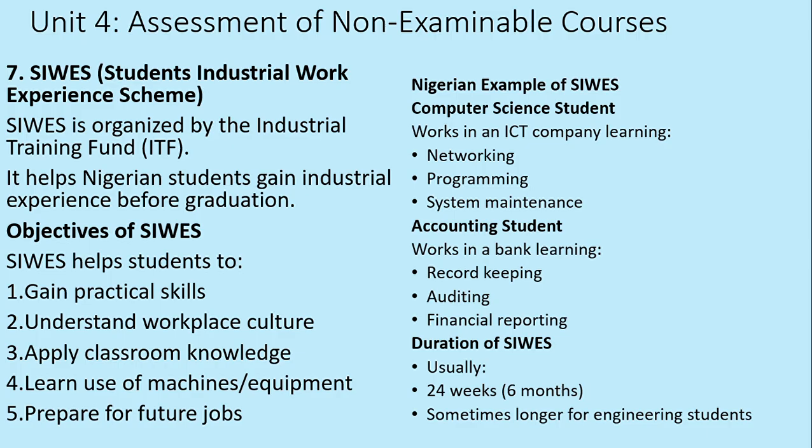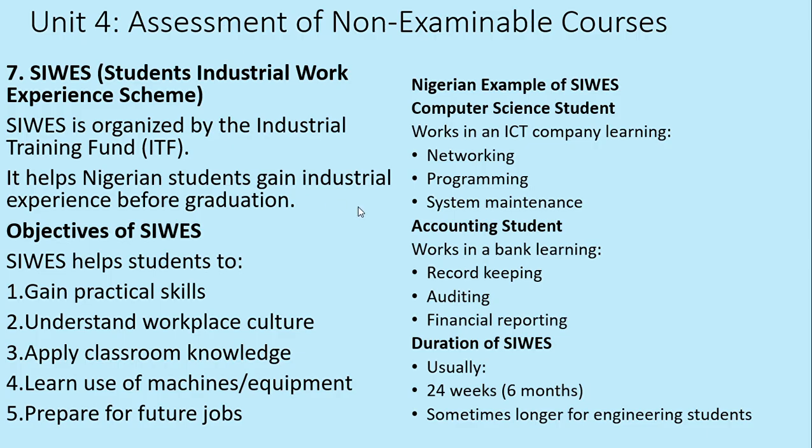So the first time you're going to apply what you've been learning is the same thing as this COS. You have been reading the theory, you have been reading on how to open a website, how to open a Microsoft Word, how to do this, how to do that. So you'll be able to apply your classroom knowledge when you get to the organization, when you get to the company.